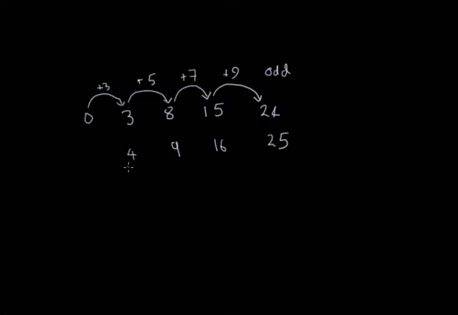So for this sequence, each term in the sequence is the square minus 1. So if that was term 1, term 2, term 3, term 4, it would be n squared minus 1 would be this sequence.